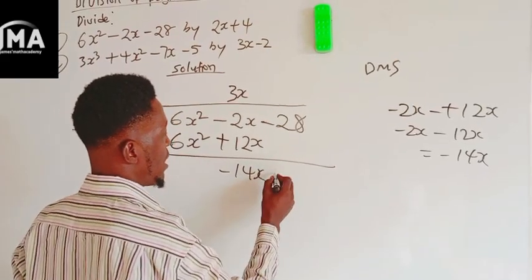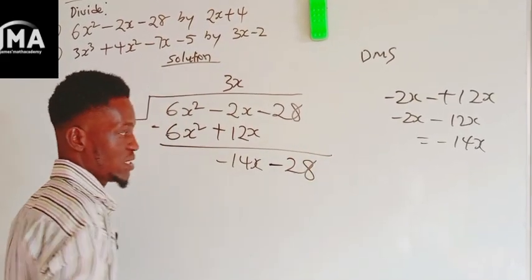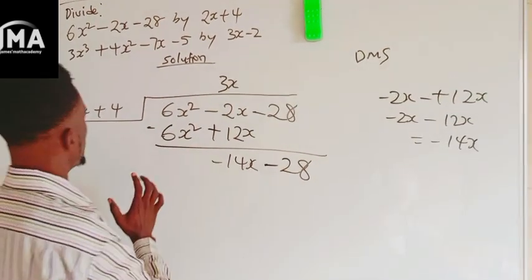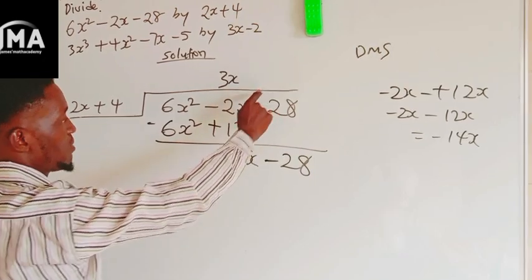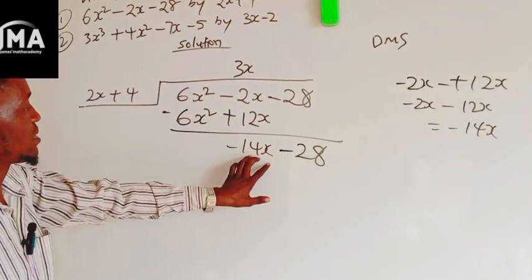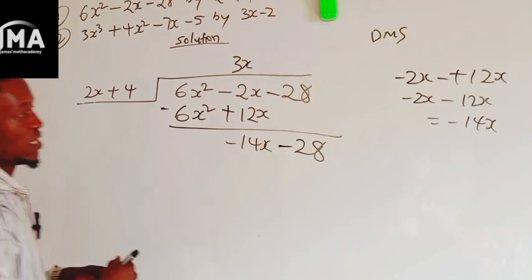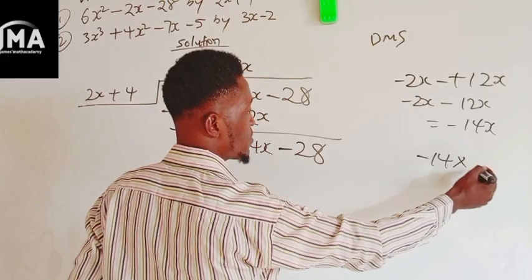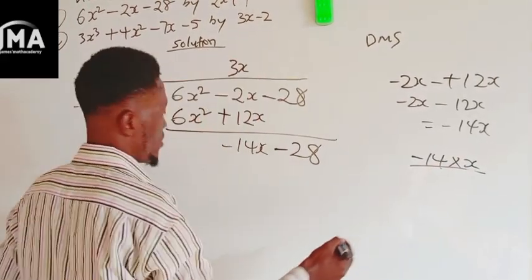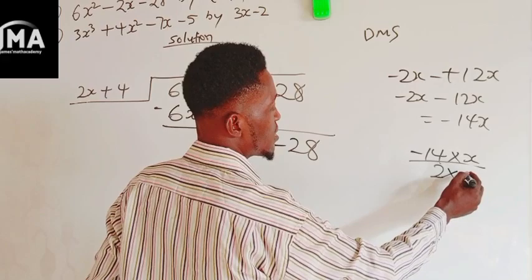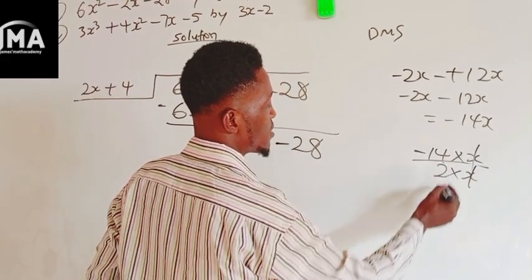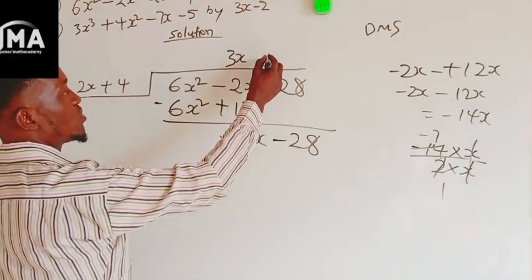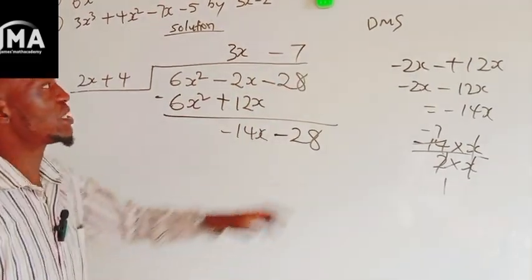So to get the number in this particular place, you say minus 14x divided by 2x. Minus 14x is minus 14 times x, divided by 2x, which is 2 times x. So x cancels x, and 2 cancels into 14 to give minus 7, ain't it? So my answer here is minus 7. So I'm done with the division.